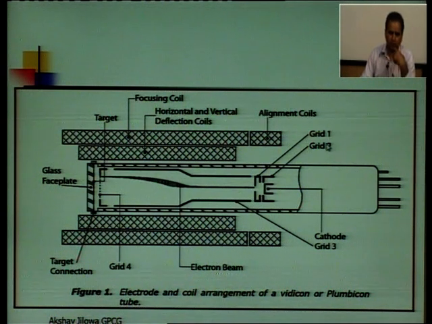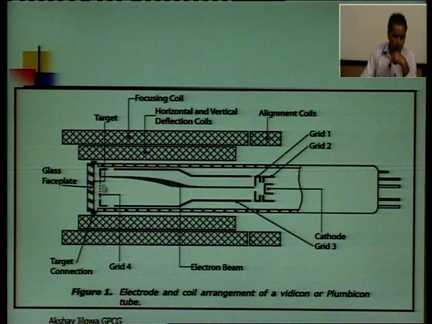These are grid number 1 and 2, the focusing grid and controlling grid. So, electrons are focused, controlled, and then accelerated so that they travel from the electron gun to the photoconductive layer. Under the effect of the horizontal and vertical deflection coils, this electron beam travels and strikes a particular location.